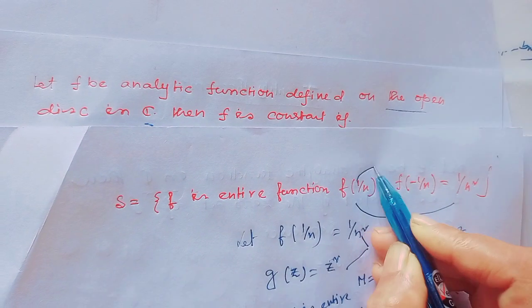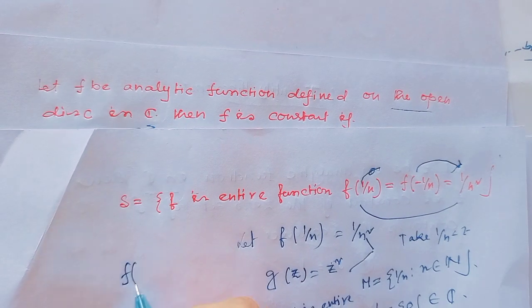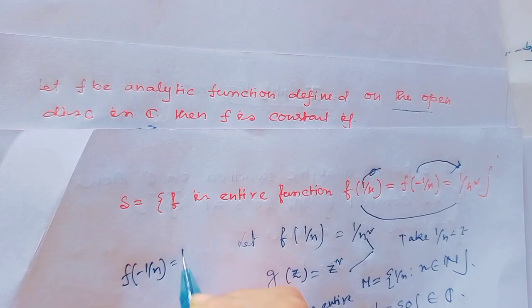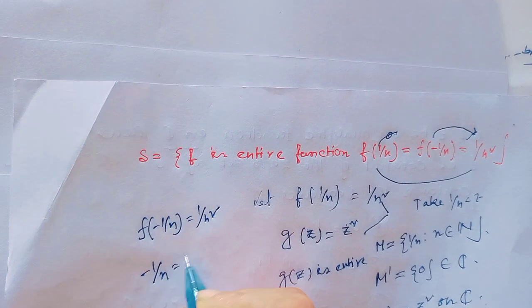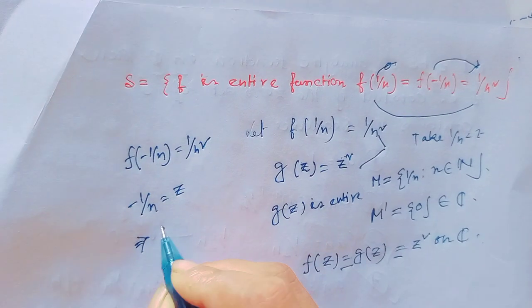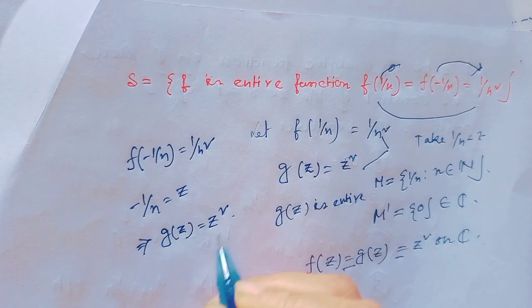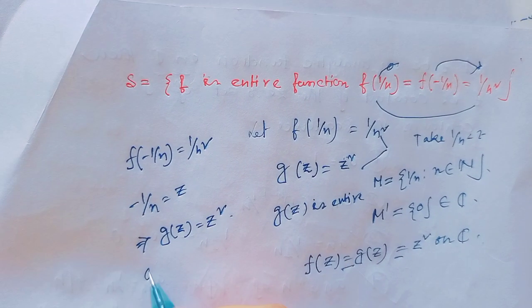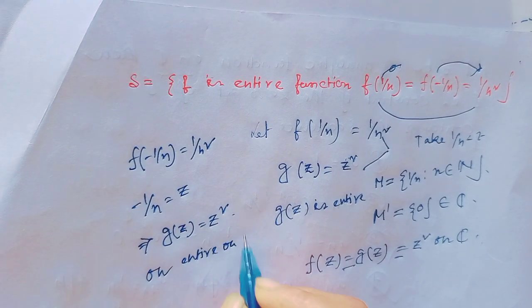Similarly, if we consider f of minus 1 over n equal to 1 over n square, consider minus 1 over n equal to z. Then consider the new function g(z) equal to z square, and this is also entire on the complex plane.